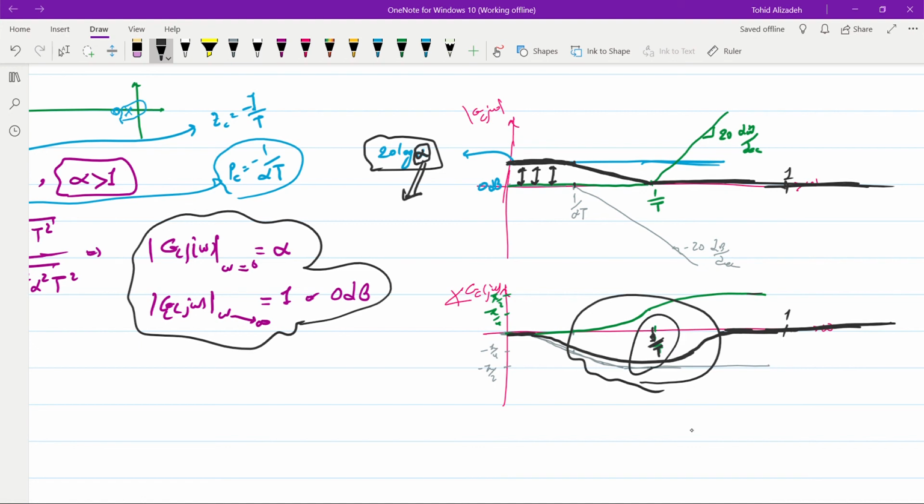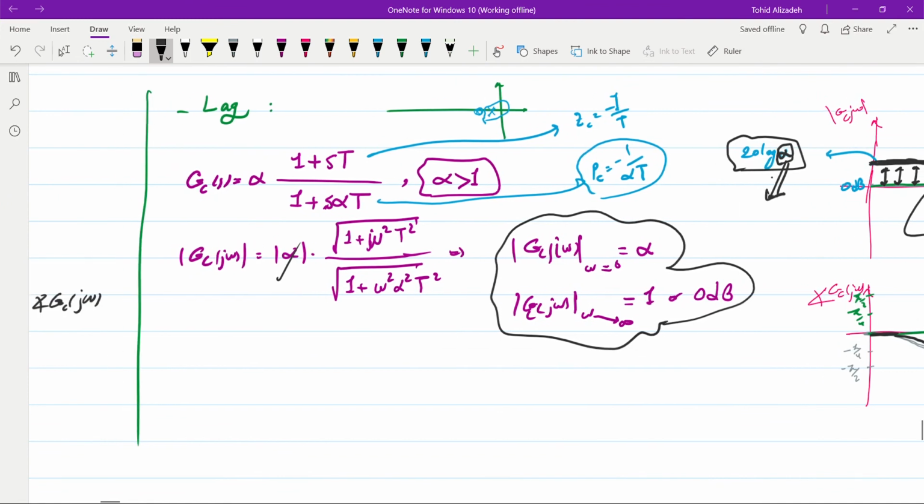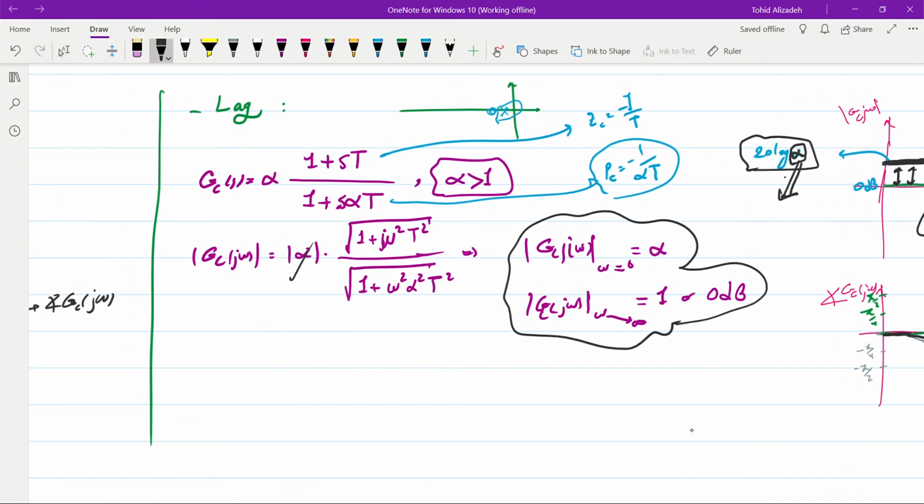Once we have 1 over t and alpha, we will be able to find the location for the pole of the controller as well, and then we will have the controller designed. If we have the value for alpha and t, we will be done with the controller.